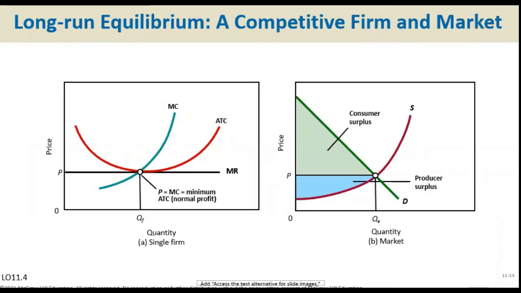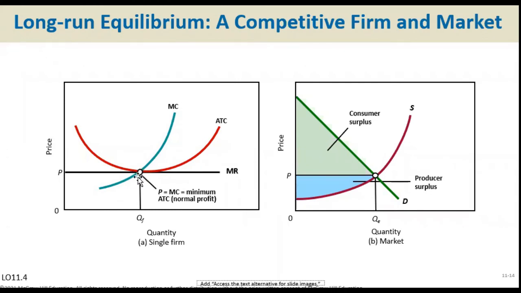So for productive efficiency to be realized, we must produce an output where the price is equal to the minimum average total cost, right? And the condition for allocative efficiency is to produce where the price is equal to the marginal cost.